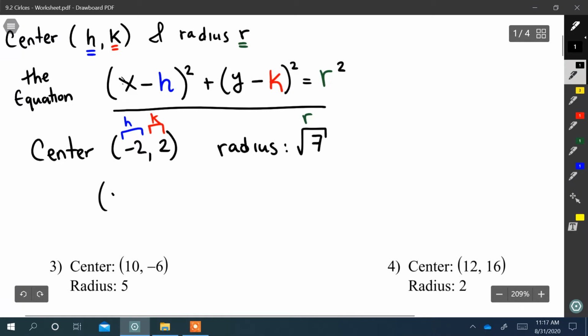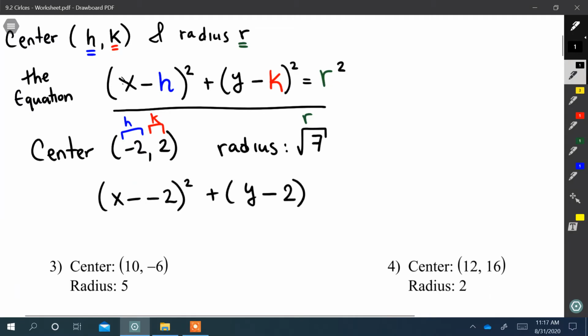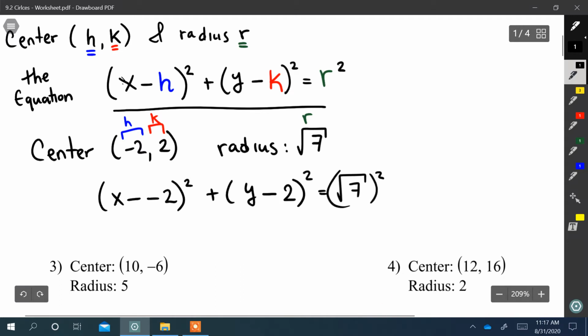So we have x minus, well, the h in this case is -2, so we're going to put -2 squared plus y minus 2. Okay, this and this are different. Those are not the same thing. If it says -2, we have to write both of them in there. And then we have the square root of 7 squared.